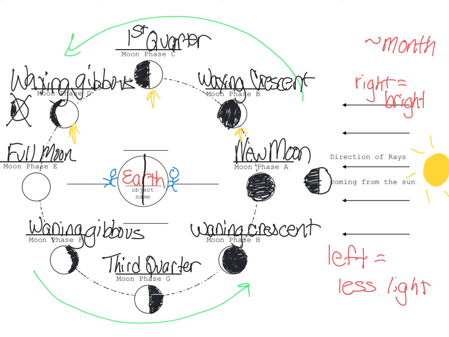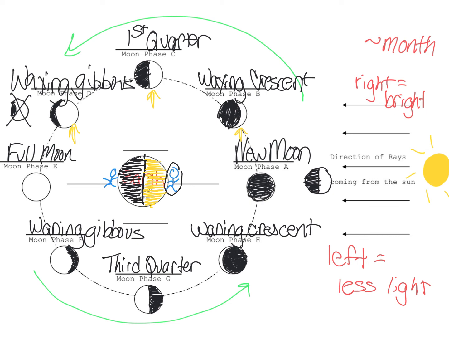Remember that like the moon, the Earth is also half illuminated and half in darkness. In this image, the right side of the Earth is experiencing daytime, and the left side of the Earth is experiencing nighttime.